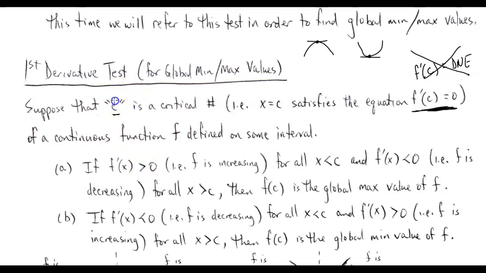So again, we are trying to find a value c that will satisfy this equation here, which is going to tell us that we have either the potential of having a local max or a local min. Okay. And if we find that, then the first derivative test basically says we need to test for values around x equals c. Okay.